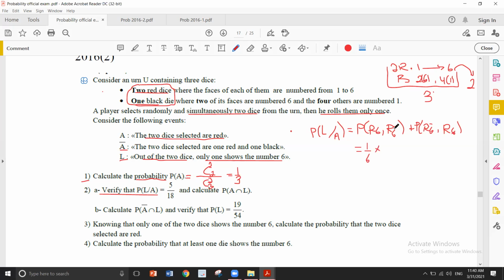What is the probability that the second red die does not show 6? 5/6. The same way, I will put it times 2, since the second one is the same. We get 10/36, which is equal to 5/18.